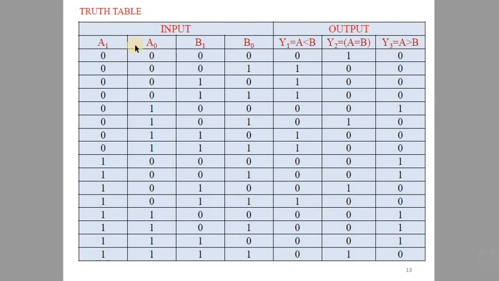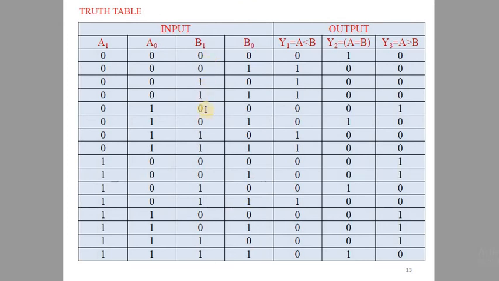What does this mean? A1, A0, B1, B0 are the inputs, so the possible combinations are from 0 to 15, 16 combinations in total. B0 goes 0, 1, 0, 1, and so on up to 15.